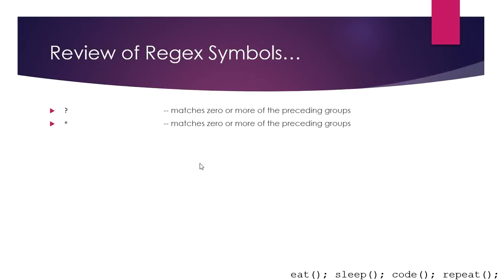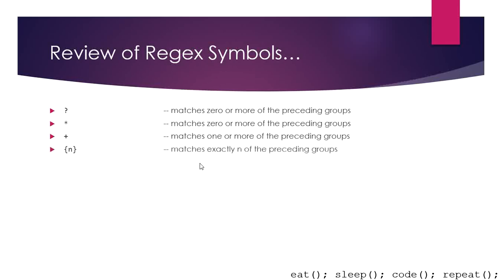It's going to match nothing, or just one preceding group. Similarly, the asterisk is going to match 0 or more preceding groups. Similarly, we have plus, which is going to match one or more of the preceding groups, one or more than that.